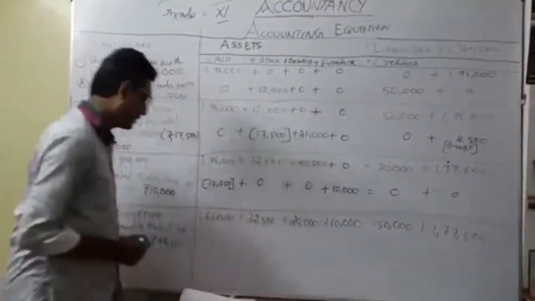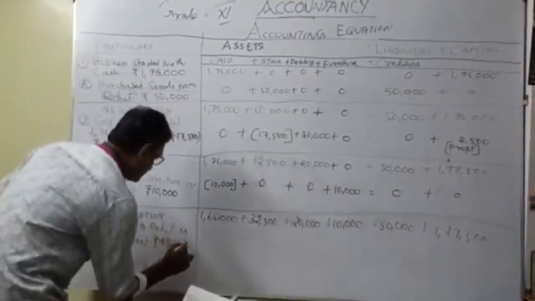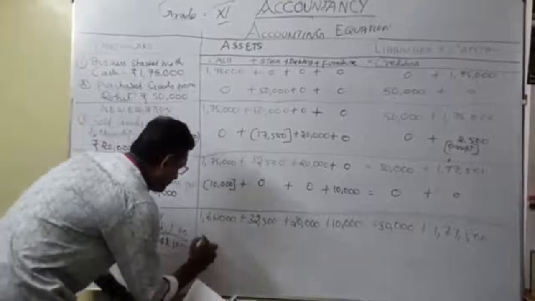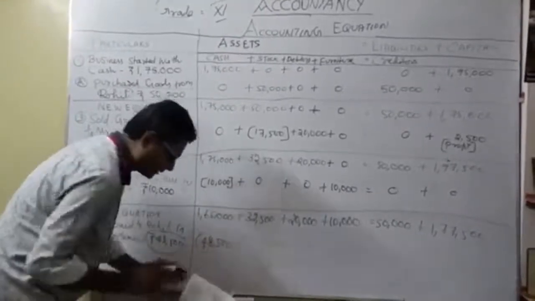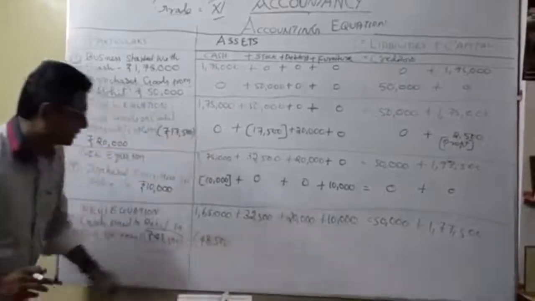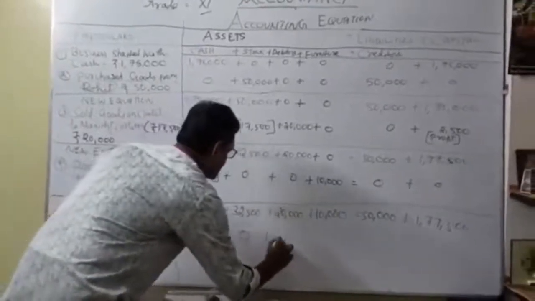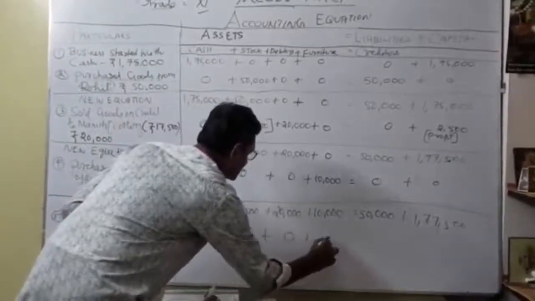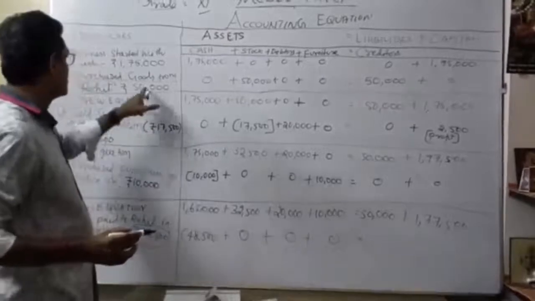It's a very important transaction. See here, so cash paid. So how much reduced? So this is the amount that was paid. So within the bracket, 48,500 by cash reduced. Correct? Thereafter, what happened? So plus 0, plus 0, plus 0. Here, actually how much do I have to pay? 50,000 only.